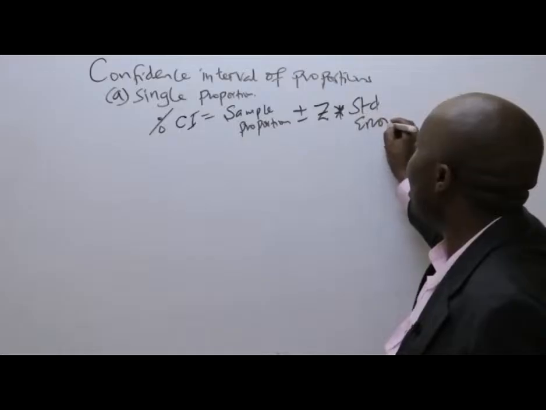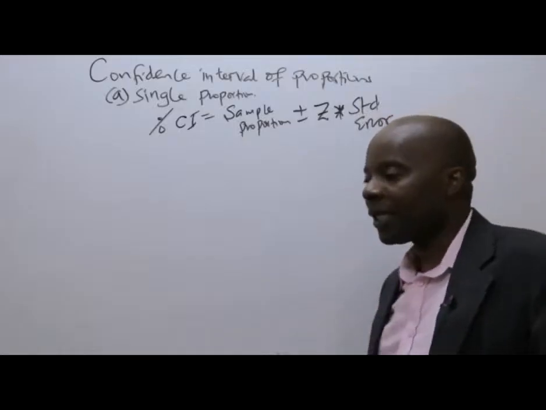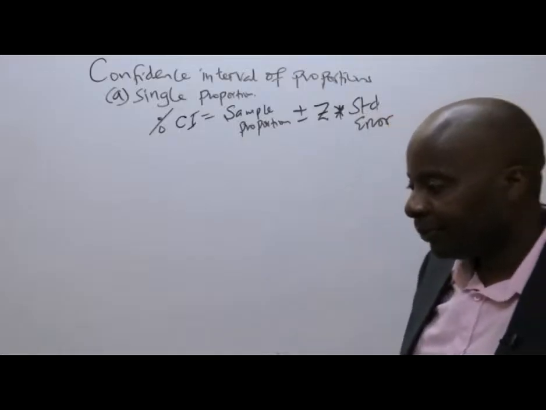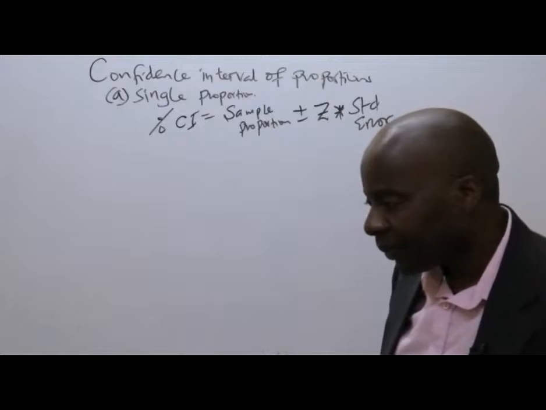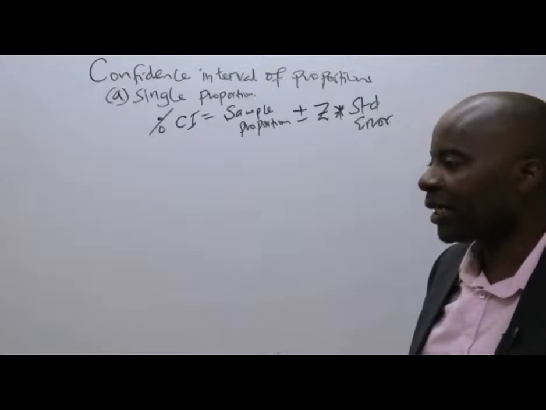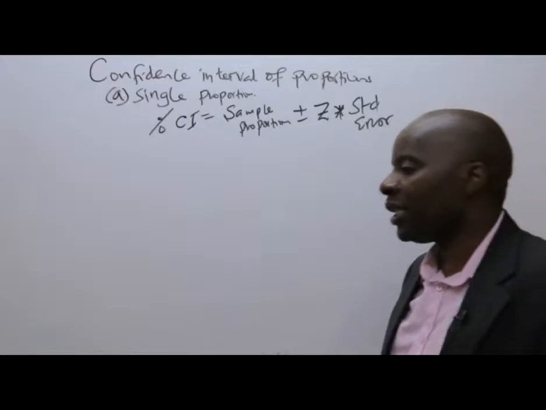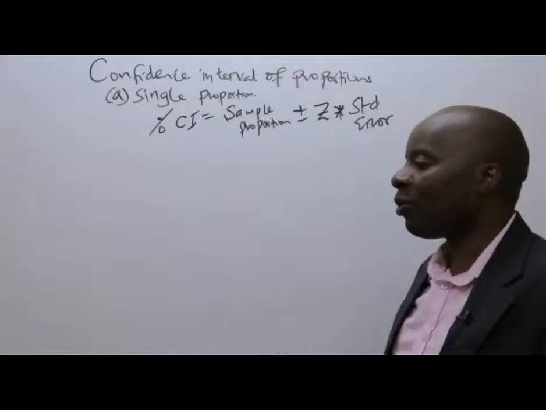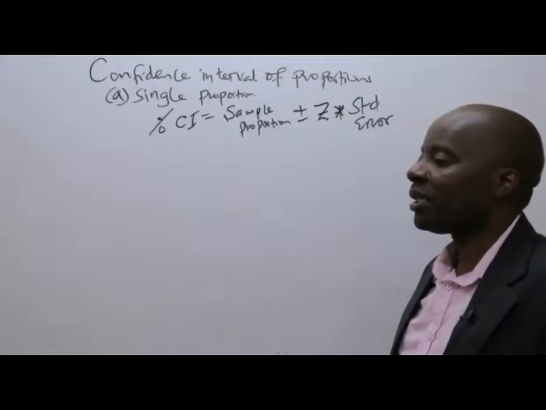The standard error. Z times the standard error. Yes, we have answered that. So the percentage confidence interval equals the sample proportion plus or minus Z times the standard error.